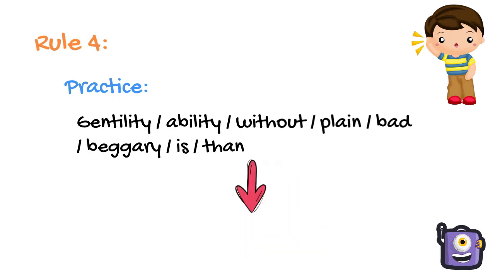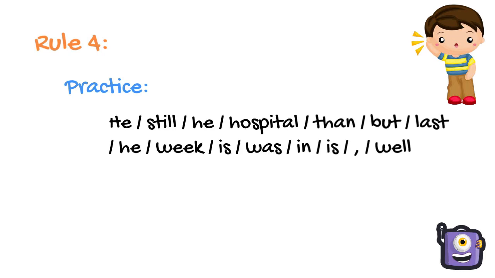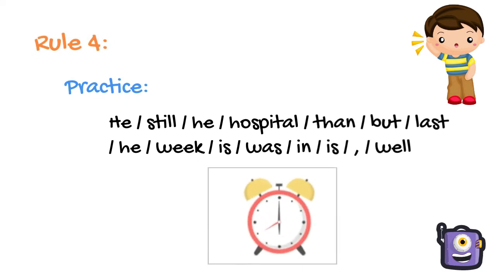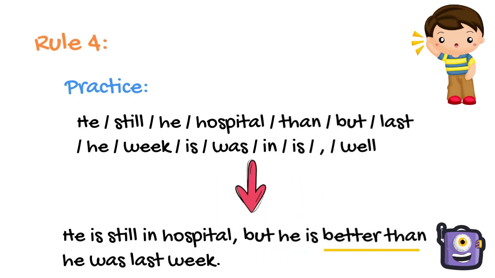And the answer is: gentility without ability is worse than plain beggary. Third. And the answer is: he is still in hospital, but he is better than he was last week.